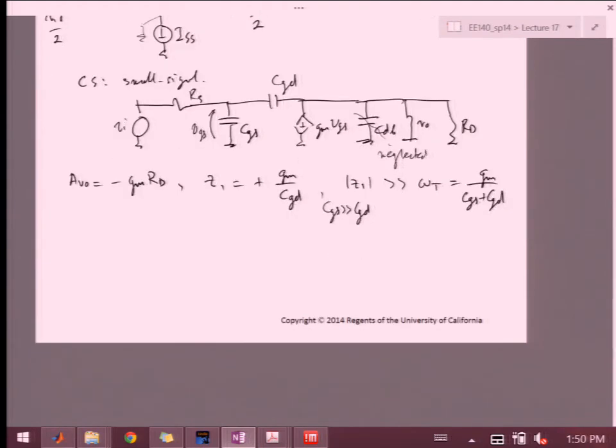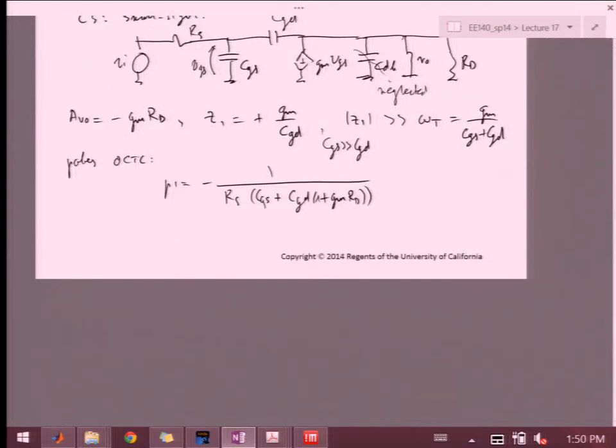The other poles we did with open circuit time constants, and that P1 was minus 1 over RS times CGS plus CGD times 1 plus gm RD.